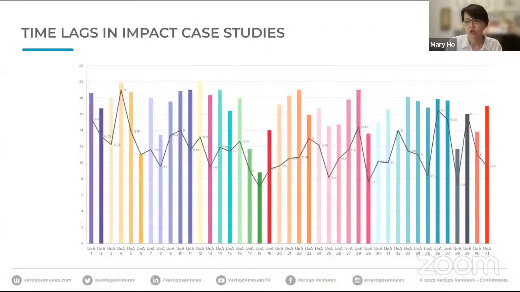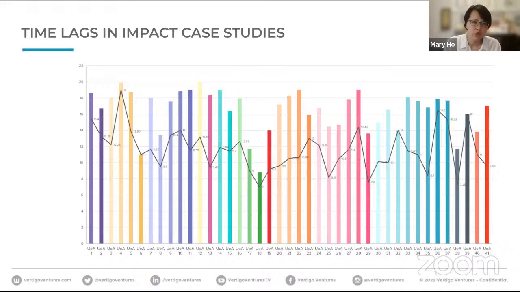So let me show you the results here. Some highlights from the analysis of this question are that it takes an estimated 7 to 19 years for research to have an impact on the targeted beneficiaries or users.